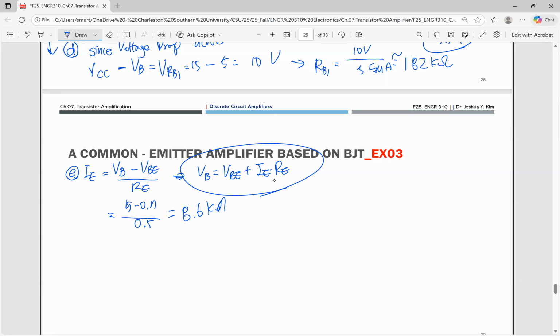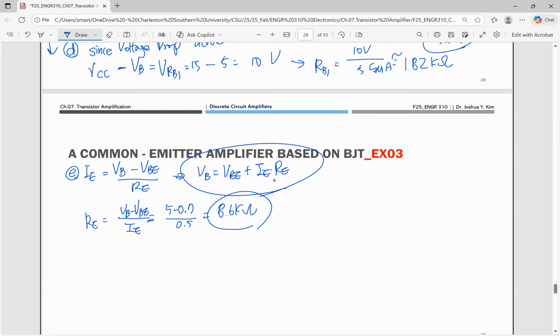Oh, I'm sorry. So here we are looking for R sub E. So R sub E is V sub B minus V sub BE over I sub E. So 5 minus 0.7 divided by 0.5, 8.6 kilo.